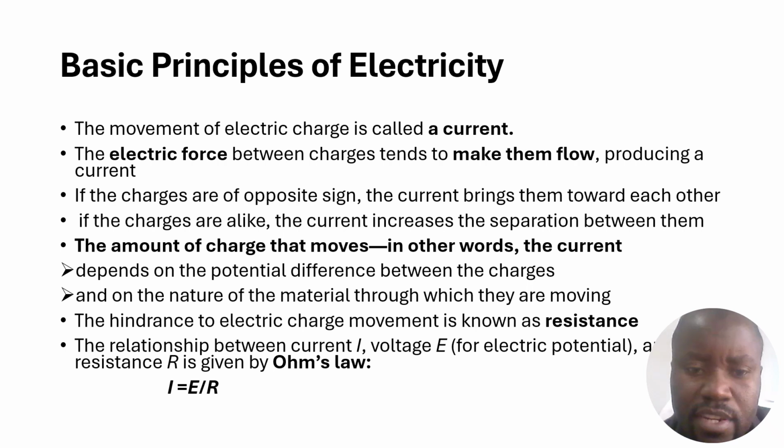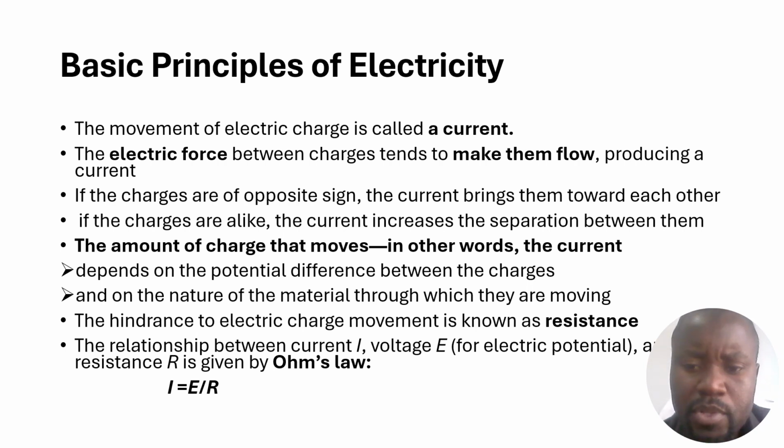Okay, so the hindrance to the flow of charge was explained by Ohm, and he said it is called resistance. And the relationship is that the more resistance there is to the flow of charge, then there will be less current flow. But the current is directly proportional to the potential difference.